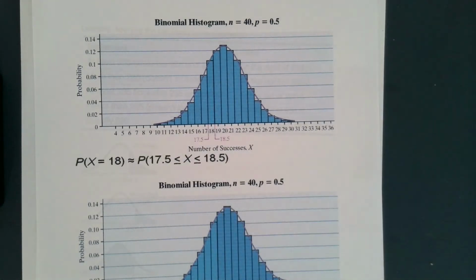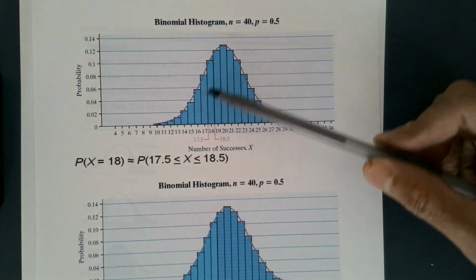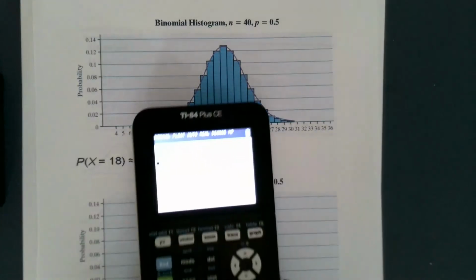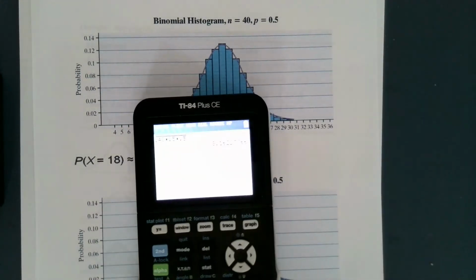And the standard deviation for the binomial distribution is the square root of npq. So the standard deviation for this binomial distribution would be the square root of 40 times p, which is 0.5, times q, which is 0.5.